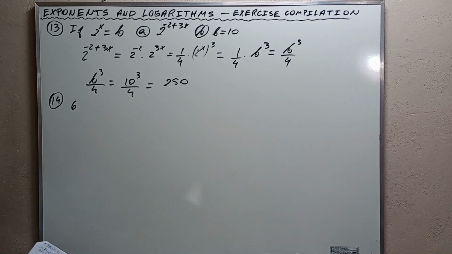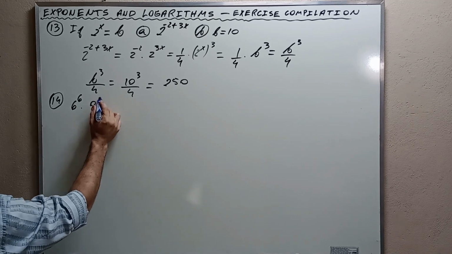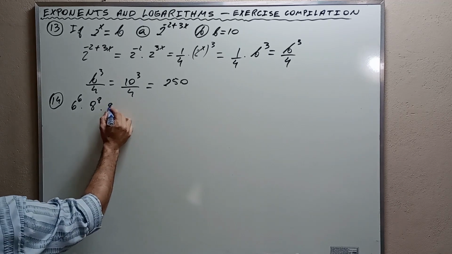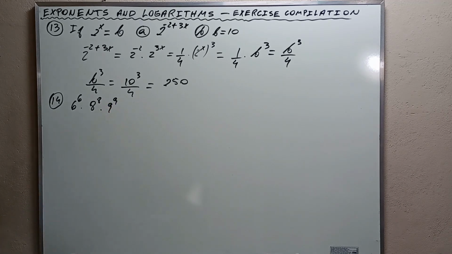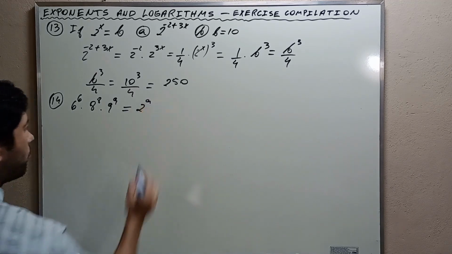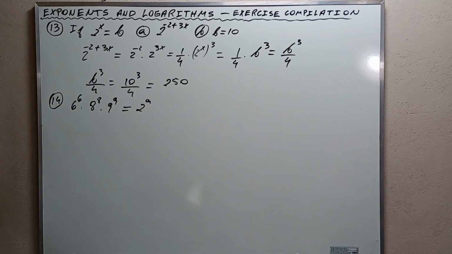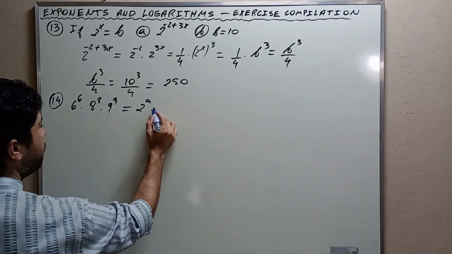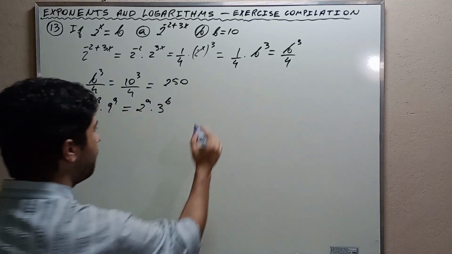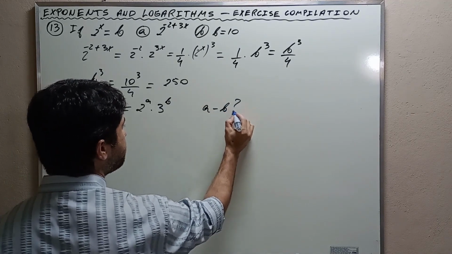Exercise 14 is this. If 6 to the 6th times 8 to the 8th power times 9 to the 9th is equal to 2 to the power of a times 3 to the power of b, what is the value of a minus b?